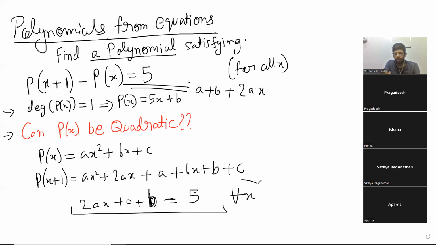For all x, it has to happen. Can it happen? No. It is x there. You can put different things and it will not be 5. So it's not possible. Not surprising. Nothing here is surprising so far.